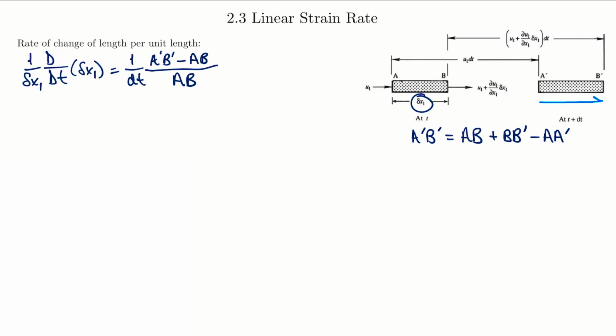So this is A'B', and we can get that by saying we'll have AB plus BB', okay, and then we subtract off this AA' chunk here, so we're just left with that, and they coincide. So just a little rearranging, our A'B' minus the AB that we have in our equation there is actually equal to BB' minus AA'. So I'll write that up here so we're really clear on that.